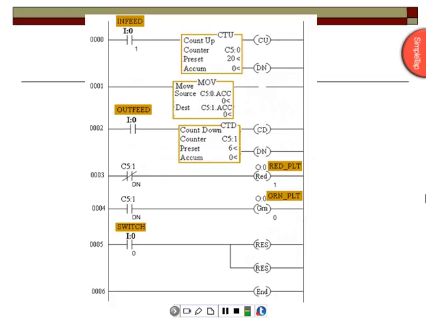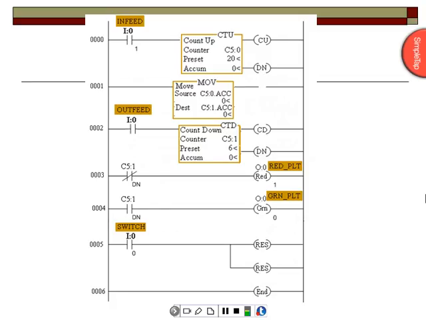Okay. So what we have is that the in-feed sensor clicks a count up timer. So every time I put a box on the conveyor, it counts up. You with me? And we have a move. Every time it counts up, it moves that over into the countdown counter. You with me?